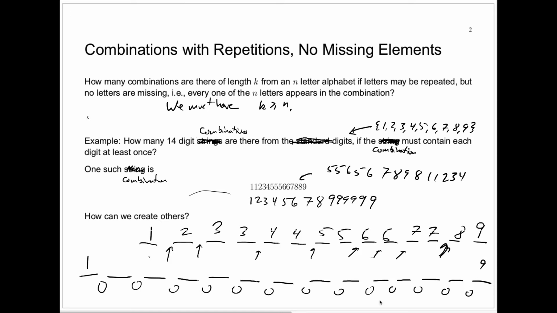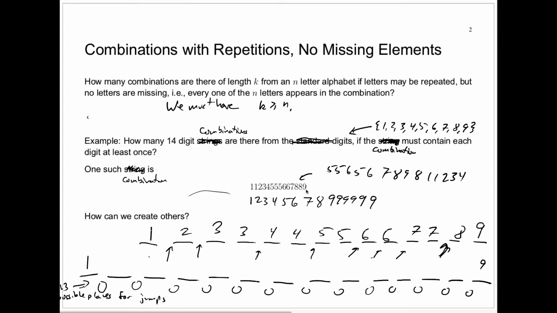Now, if there were 14 spaces here in our combination, how many circles do I have, which are places I could put the jump? The answer is there are 13 possible places for the jumps. And what do I have to do? I have to pick 8 of them.